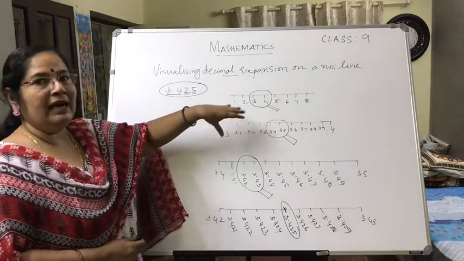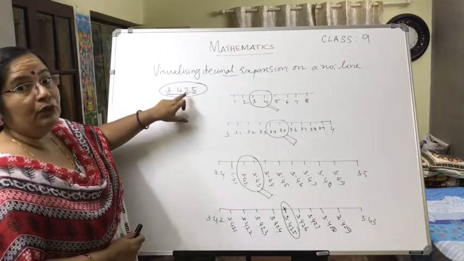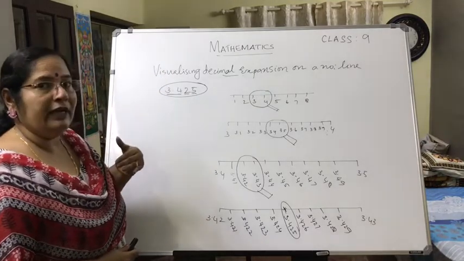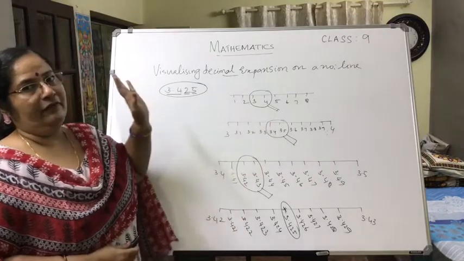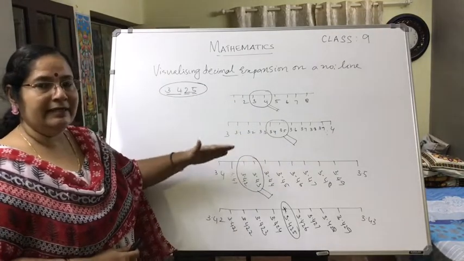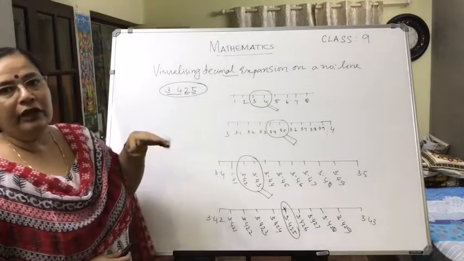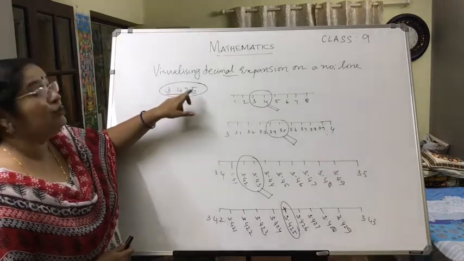So you are going to enlarge between 3 and 4. Now the next digit is 2. 3.42 will lie between 3.4 and 3.5. So you are going to enlarge that. The next number line will enlarge the portion between 3.4 and 3.5. So see the next one. It is 3.425.